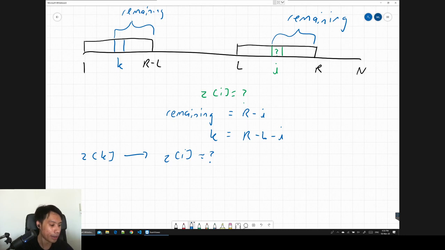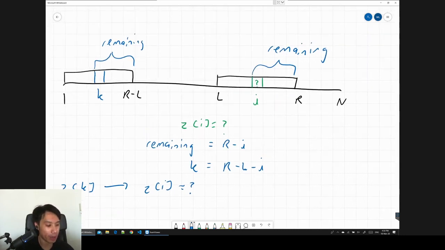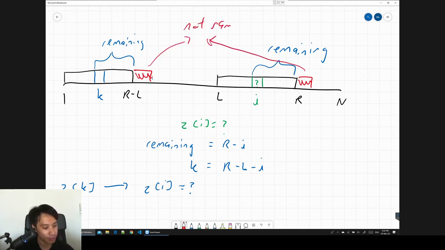And if we were to bring in our previous observation, the alphabet here, the one I marked in red, is not the same. Here and here will not be the same.